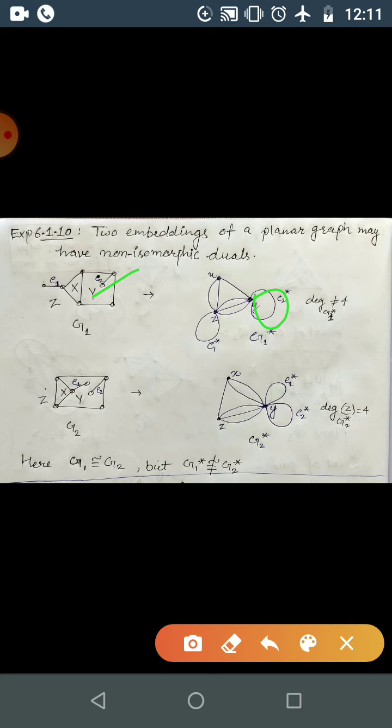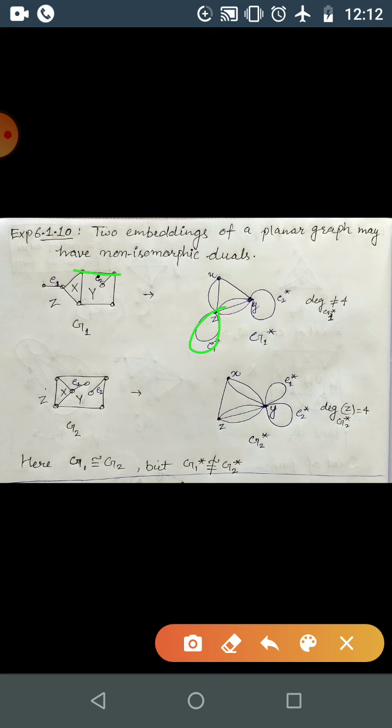Okay, and this edge E1 also becomes the cut edge on Z, because this is present on the boundary of face Z. And because this edge and this edge have the same common face, that is Z and X, there will be 2 multi edges between Z and X.